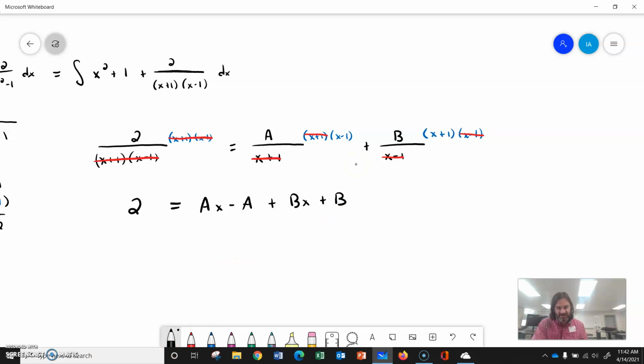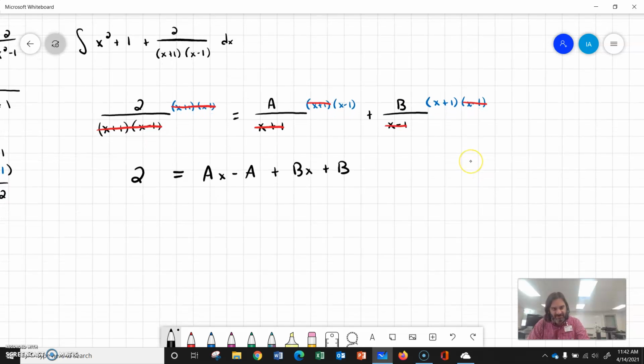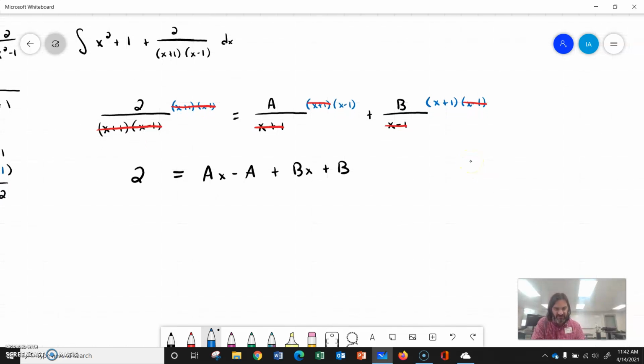So let's try setting this up and getting the parts that we need. Because we need to find our A and our B. Wow, only 2 things to find. That's nice. Let's see here. So what do we have? We have an x term. So the x's, on the left there's 0, but on the right there's A plus B of them.